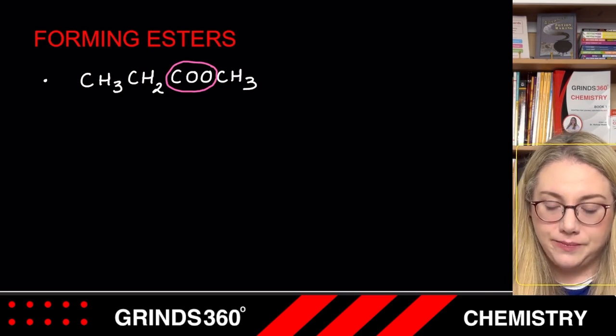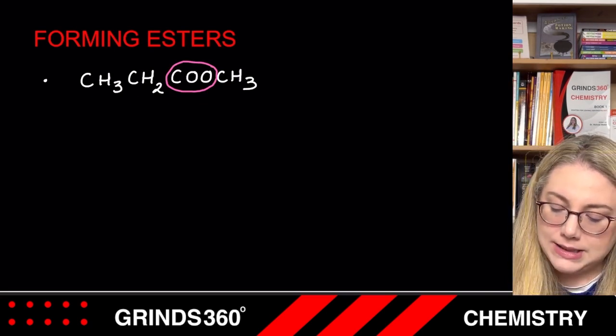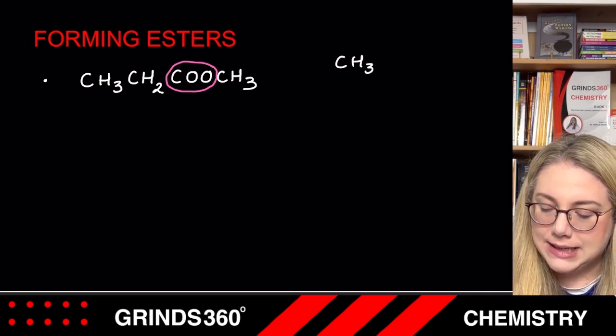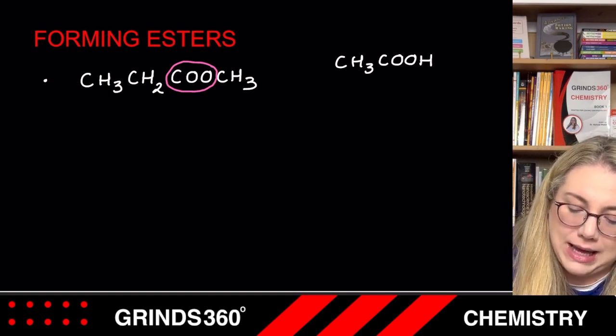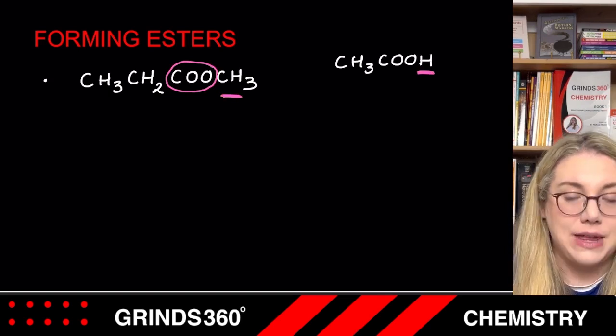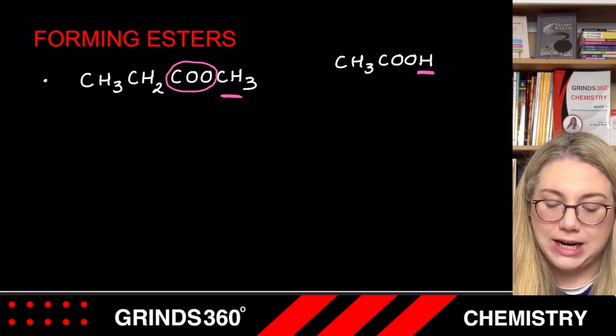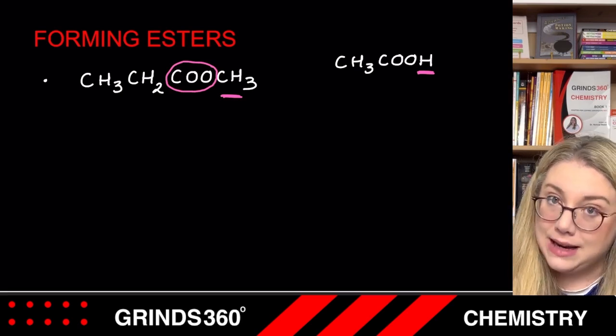That's an ester. How do I know it's not a carboxylic acid? Because the carboxylic acid would be COOH. Here we have another carbon instead of that hydrogen, so it's in the middle of the chain. Carboxylic acids can't be in the middle, they have to be at the end.